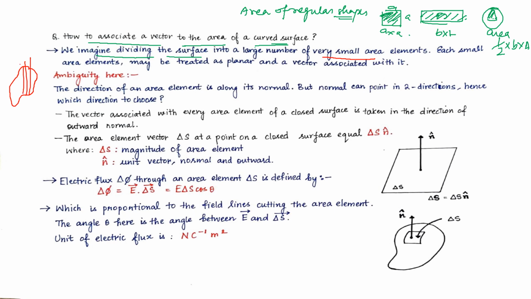We will just cut it into many small areas which are approximately rectangle or square, and hence it will be very easy for us. Each small area element may be treated as planar, it's a plane, and a vector is associated with it.